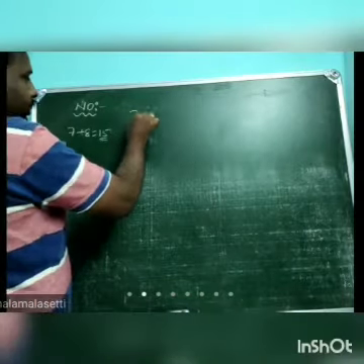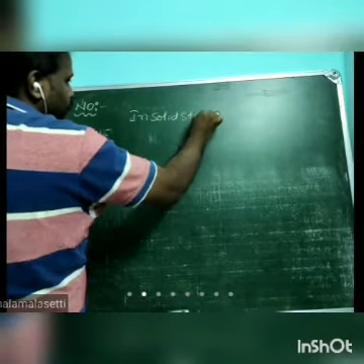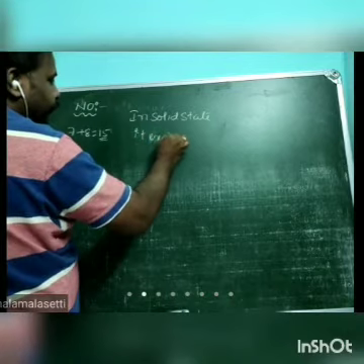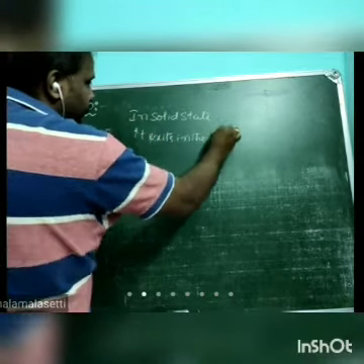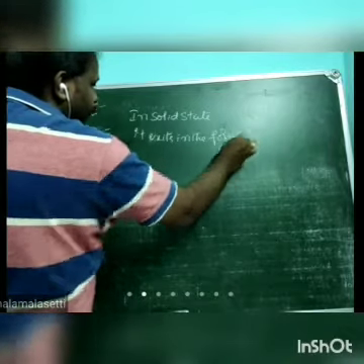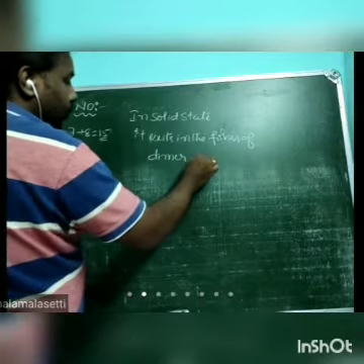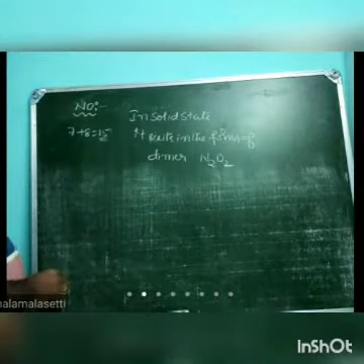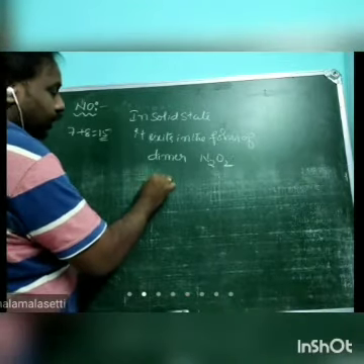In solid state, it exists in the form of a dimer. Dimer means 2 NO molecules are combined with one another, it gives N2O2. In solid state, it exists in the form of dimer, hence it is diamagnetic.